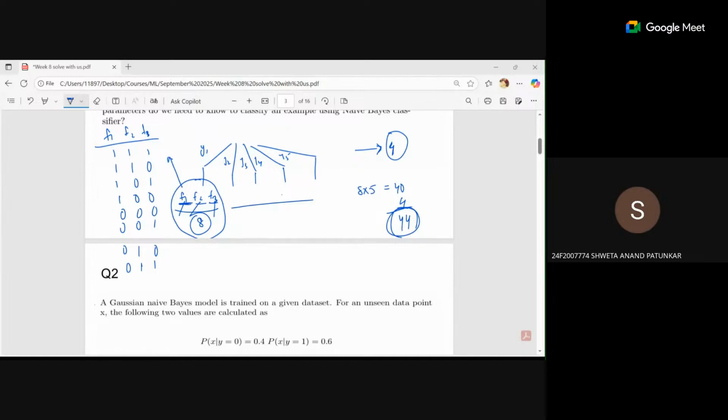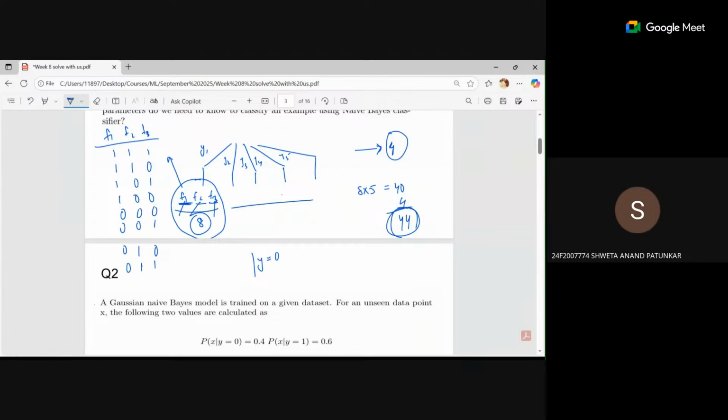If we are considering y equal to 0, we fix that. Then for f1 we will have two values, either 0 or 1, so for feature f1 we will have two parameters: when y is equal to 0 and f1 takes value 0, and when y is equal to 0 and f1 takes value 1.